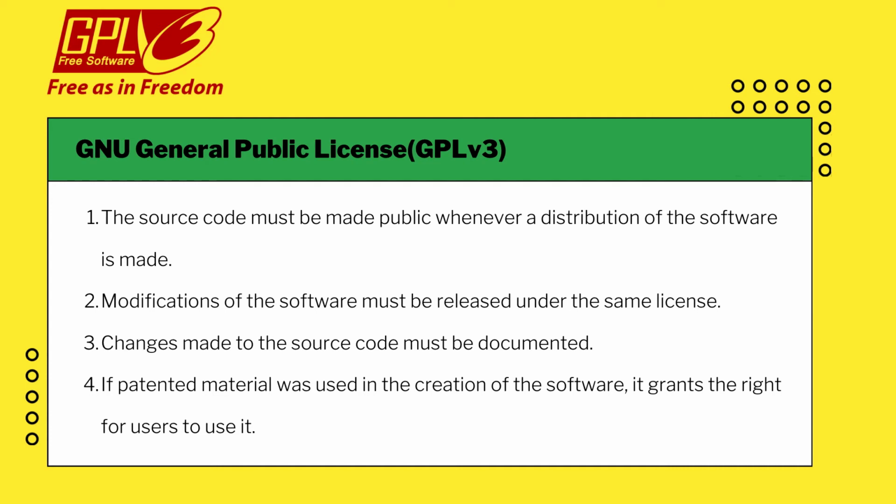Modifications to the software must be released under the same license. Changes made to the source code must be documented. And if patented material was used in the creation of the software, it grants the rights for the users to use the patent. Some other copyleft licenses are Eclipse Public License, Open Software License, and Microsoft Reciprocal License.